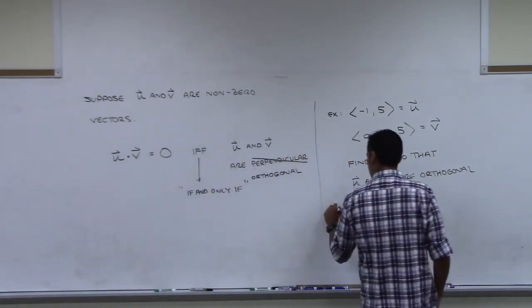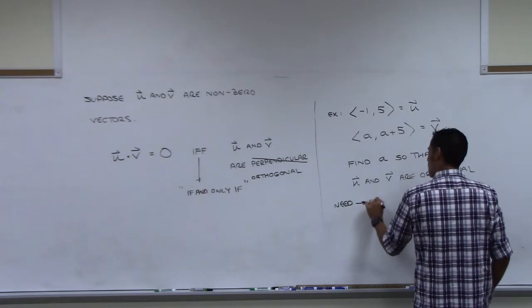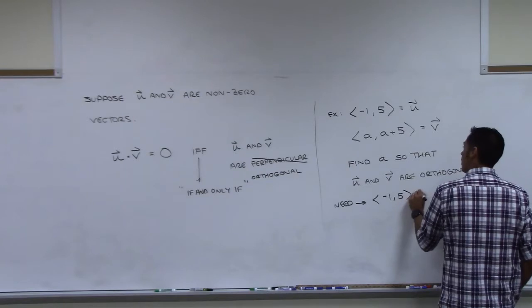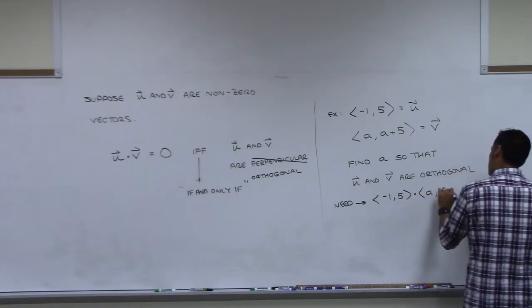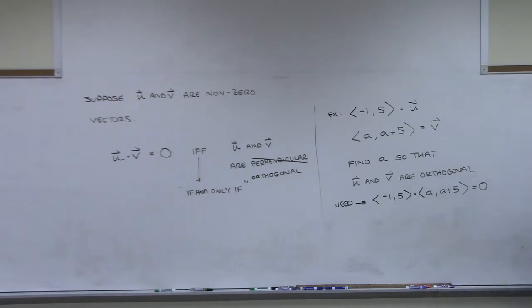So you need that -1, 5 dotted with a, a plus 5 is 0. That's what you need to happen. So let's dot these.